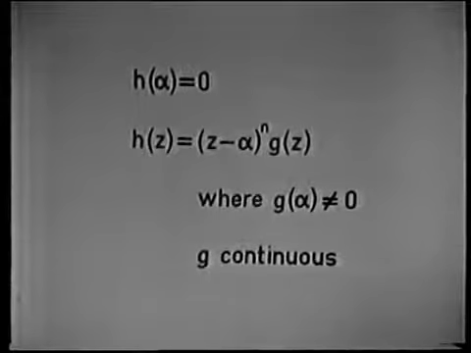So let's gather together the threads we've got so far. Suppose alpha is a 0 of h. If we can express h in this form, where g is continuous, then we'll know that alpha is an isolated 0.